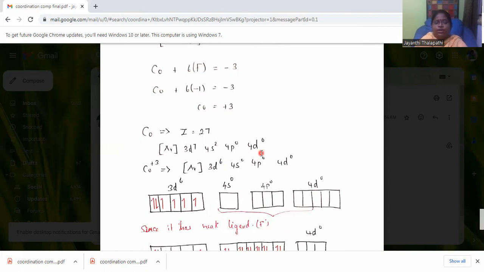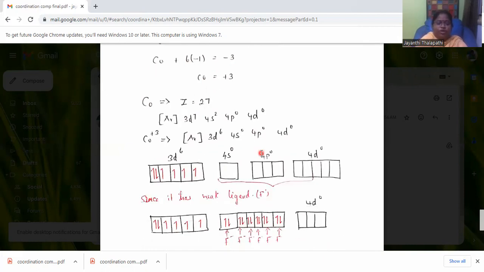Now you can write the electronic configuration. Cobalt's atomic number is 27, so the electronic configuration is argon 3d7 4s2: 18 electrons with argon and the remaining 9 electrons in 3d7 and 4s2.